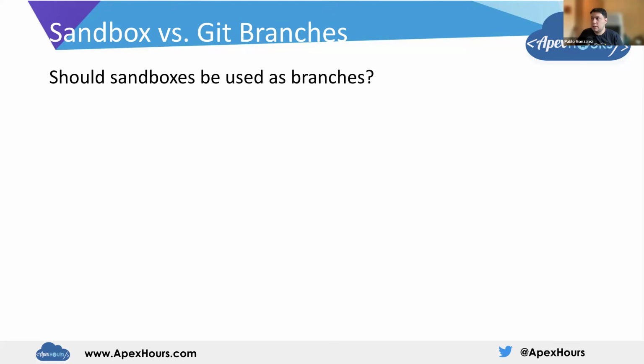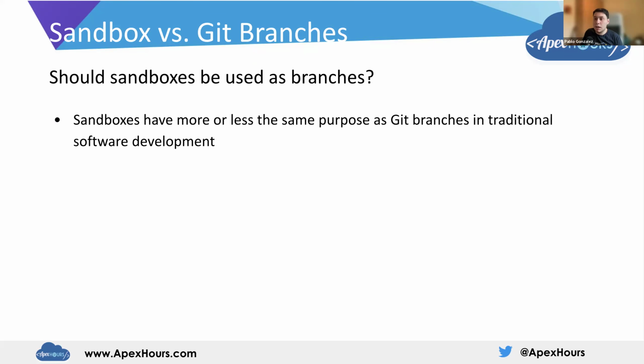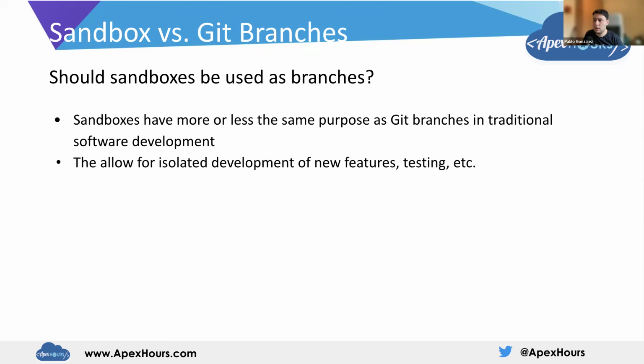So then this begs the question: should I just use a Git branch, like just have one single Git branch, just main, and then use sandboxes as my other branches? Maybe not. I said that sandboxes more or less have the same purpose as Git branches in traditional software development.